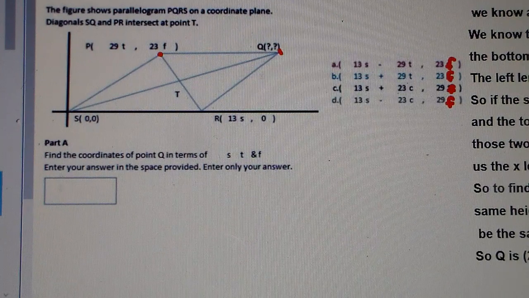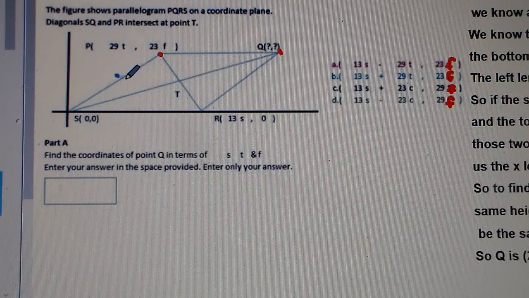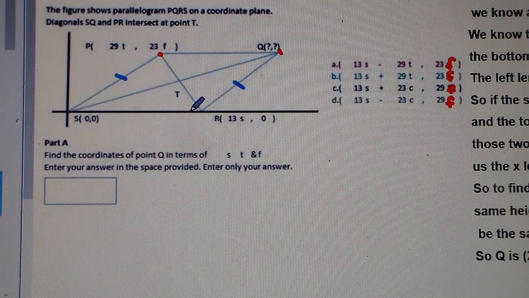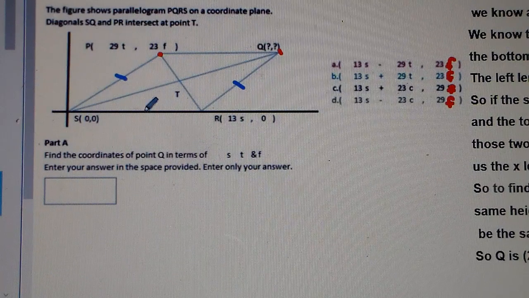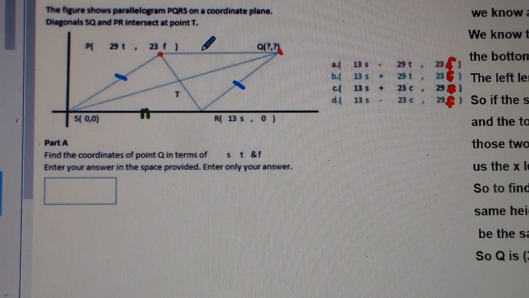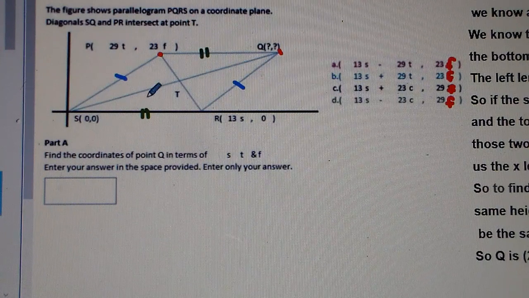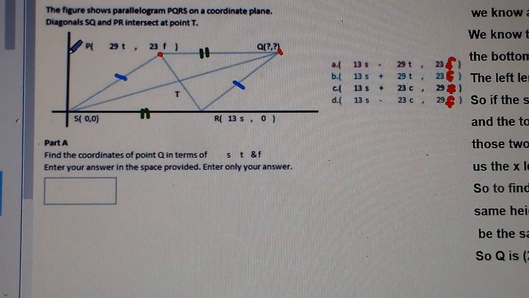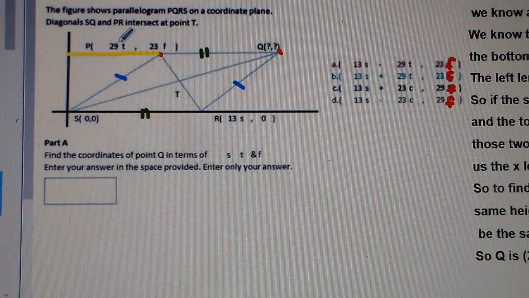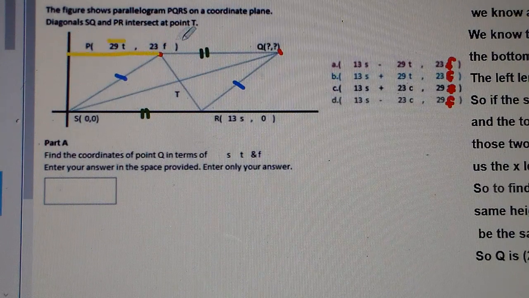Alright, so same story. We know that this side length and this side length are the same. We know those two lengths are the same. The distance from here to there is 29t.